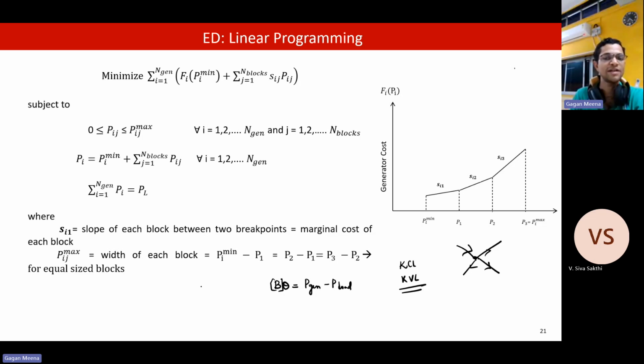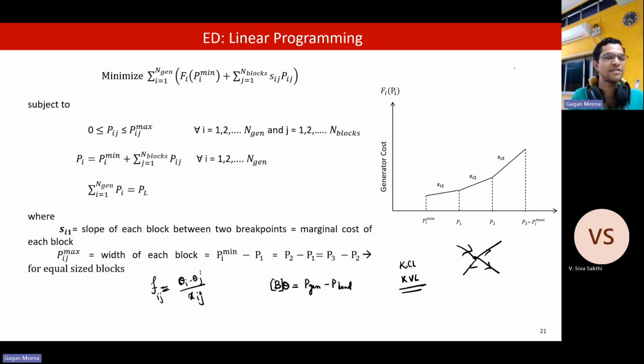Now KVL we want to satisfy. That means for each line, the power flow should be within the limit. The flow on each line, this is KVL. Flow on each line, let's say between nodes i and j, is theta i minus theta j divided by x ij.